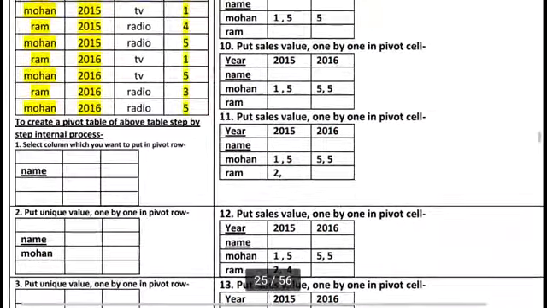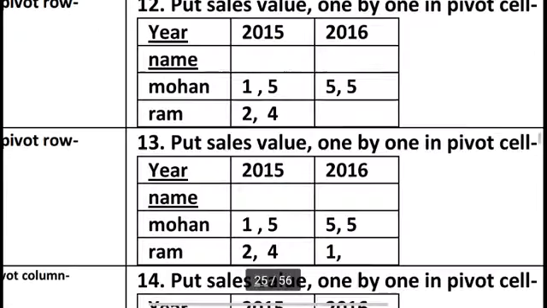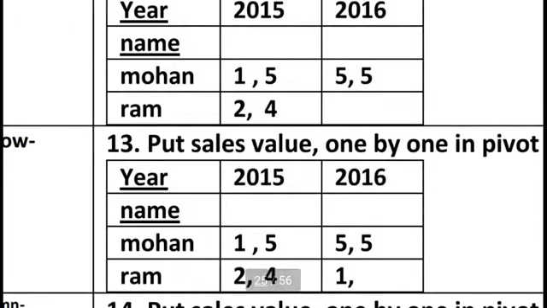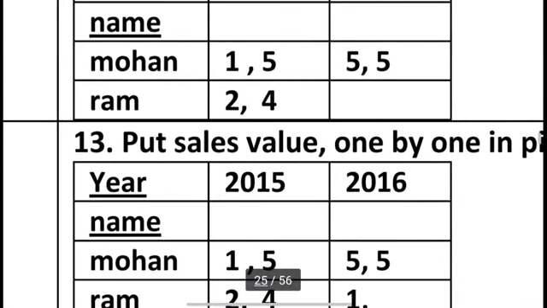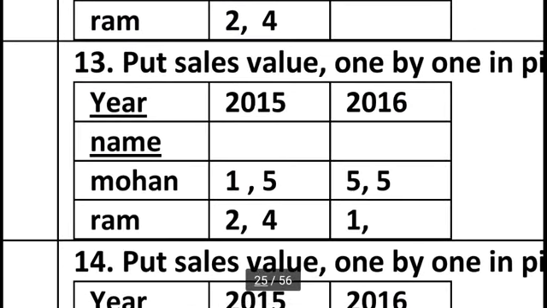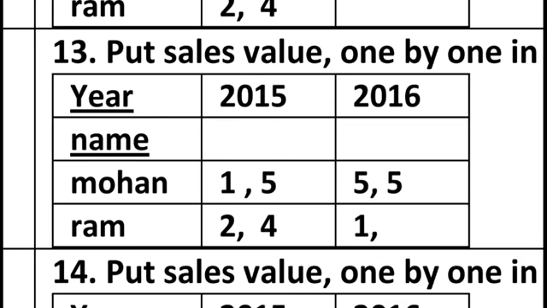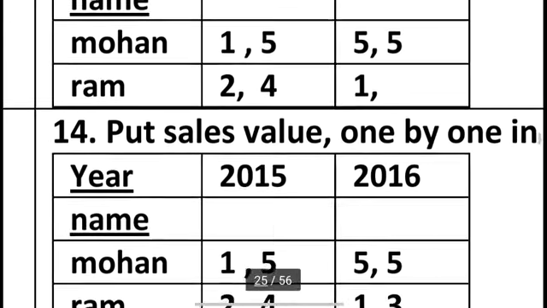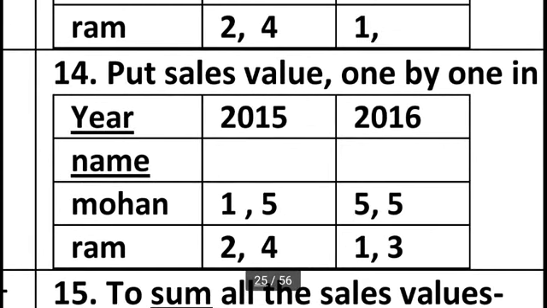In this pivot table you can see all the names are present in the rows and all the years are present in the columns, and in the cross interaction you can see the values 1,5, 5,5, 2,4 and 1. But today I am changing this layout.